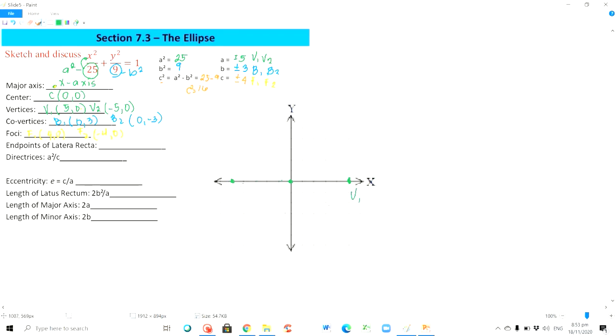So, this is your V1 and your V2. Okay, for the co-vertices, that's 0 and negative 3. So, 0 and positive 3 muna. 1, 2, 3. Then 1, 2, 3.